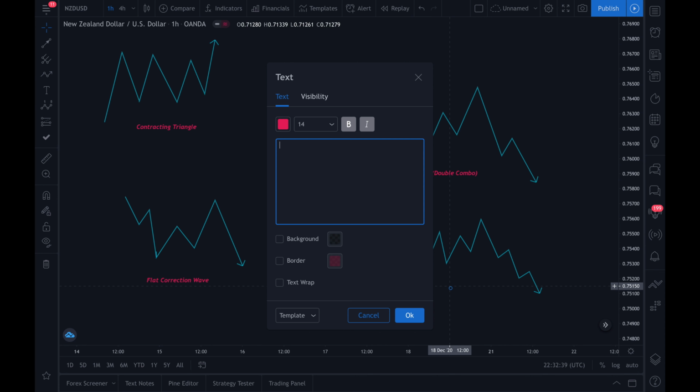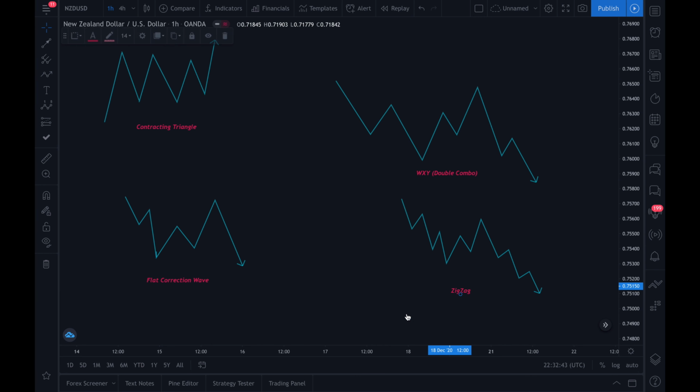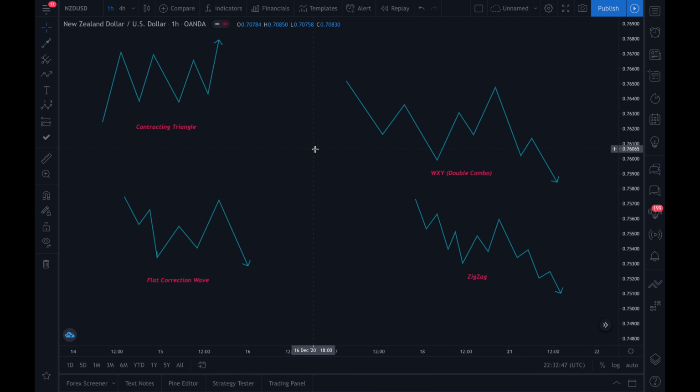And then this is also a zigzag wave. So what do we mean by all this? Once again, the market moves in waves. This can be termed a contracting triangle. How do I know that? Well, look at how we're approaching this with lower highs and higher lows.